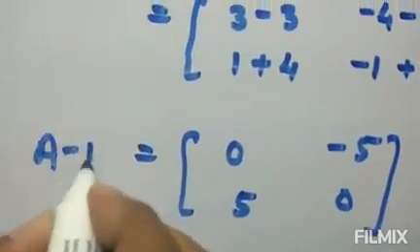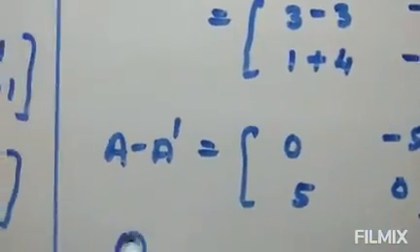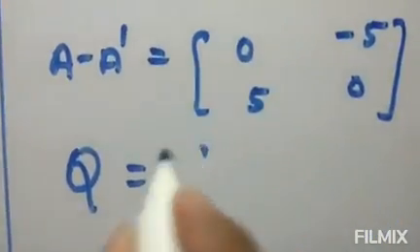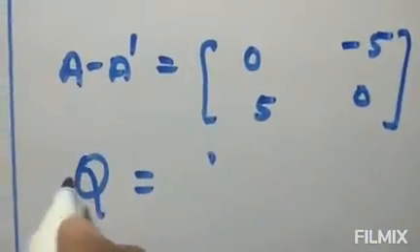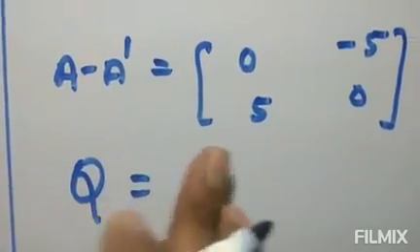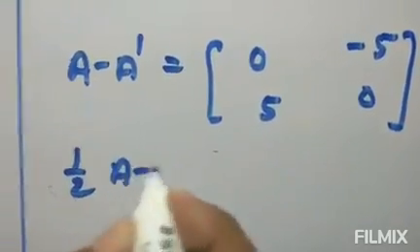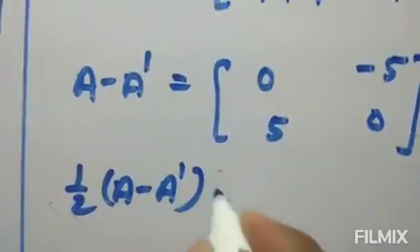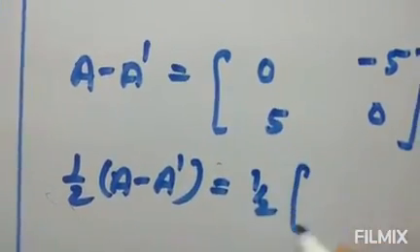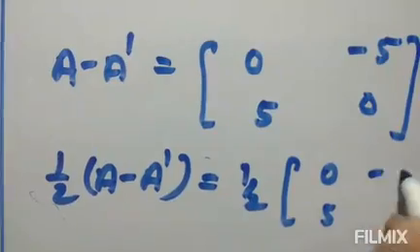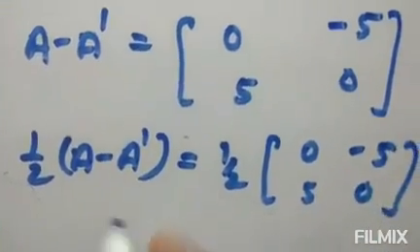So A minus A dash, suppose this one equals Q. Half times A minus A dash equals half times 0, 5, -5, 0.